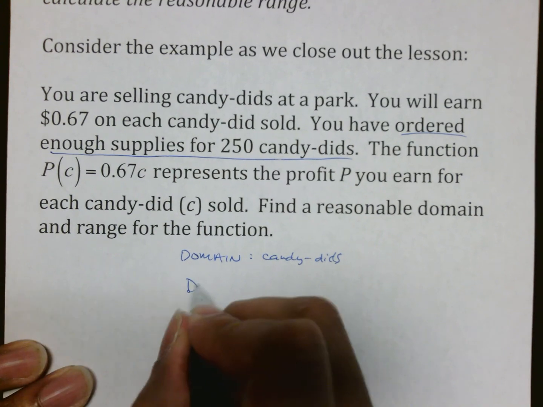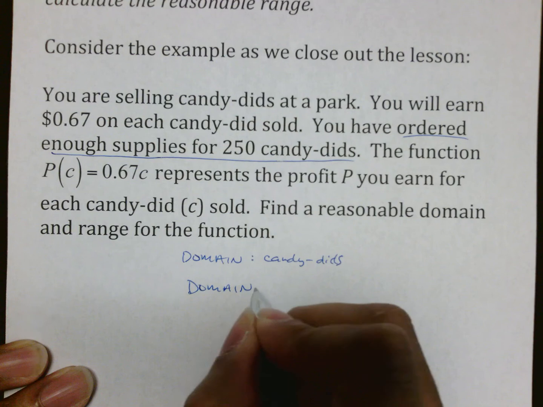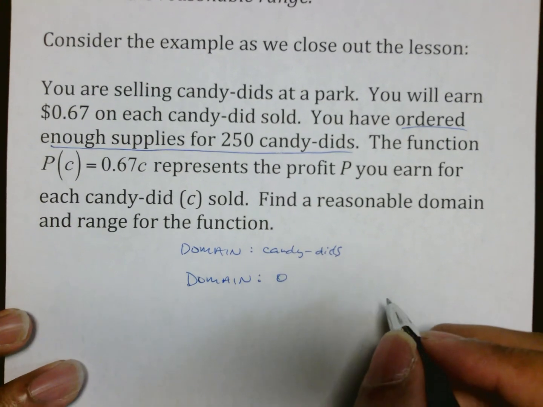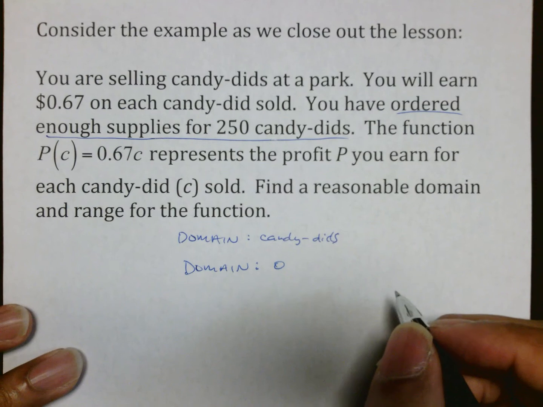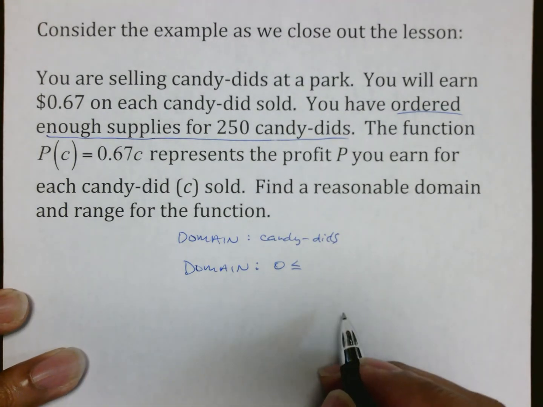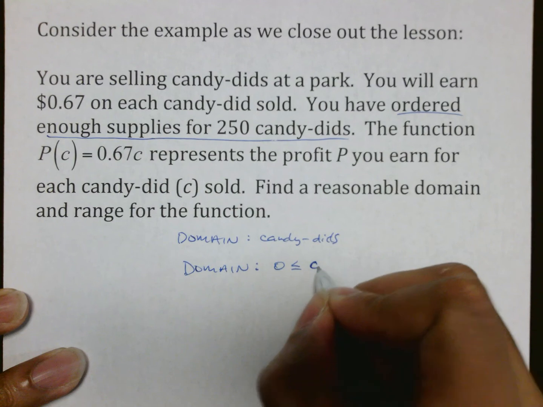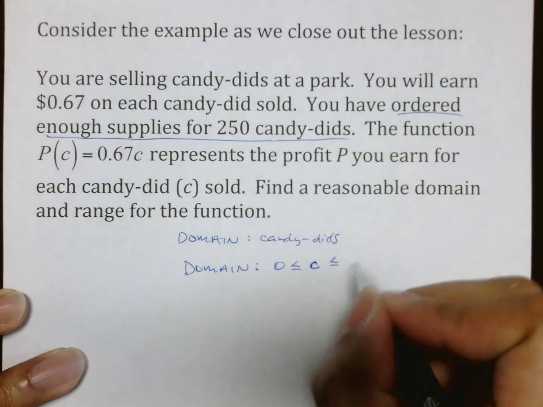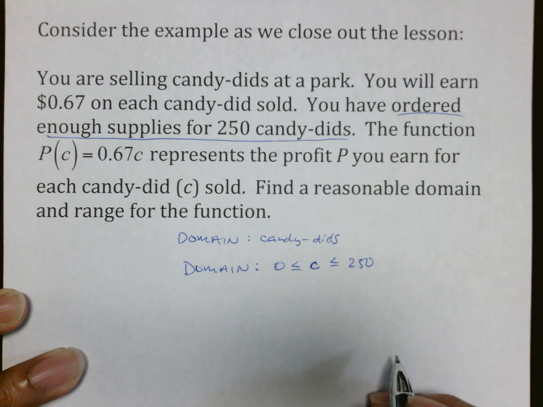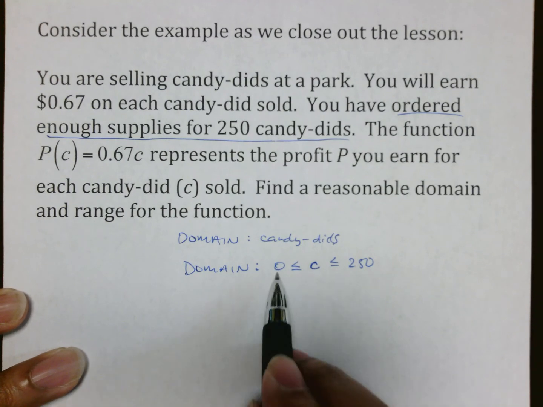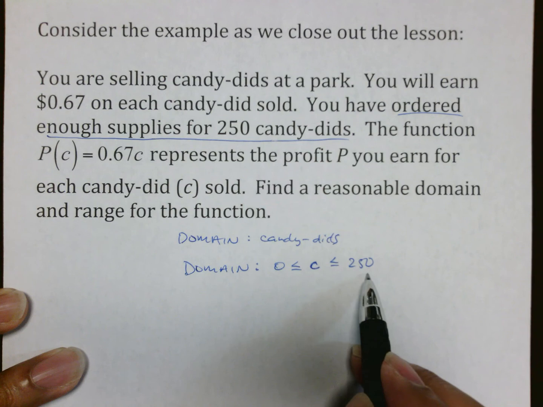And so your domain on this problem is 0 is your lowest number, and you have to know how to do that compound inequality, less than or equal to, because again, you can equal 0. C, because that's the variable we use here, is less than or equal to 250, because again, I can sell as low as 0, but I can sell up to 250.